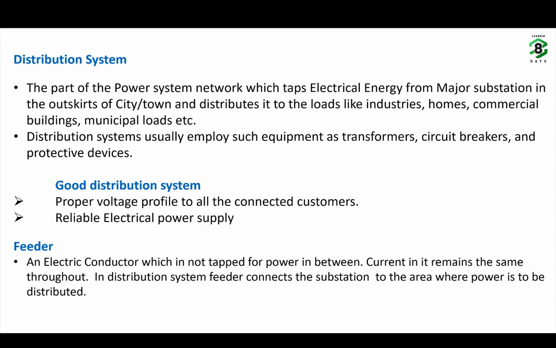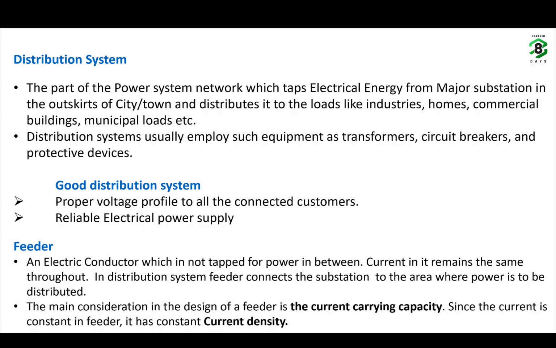In a distribution system, the feeder connects the substation to the area where the power is to be distributed. Next, a very important point. The main consideration in the design of a feeder is the current carrying capacity, because since the feeder almost carries the same current, the main design criterion for the feeder is the current carrying capacity.